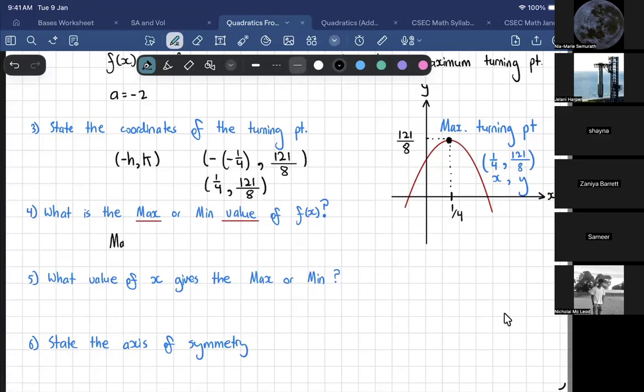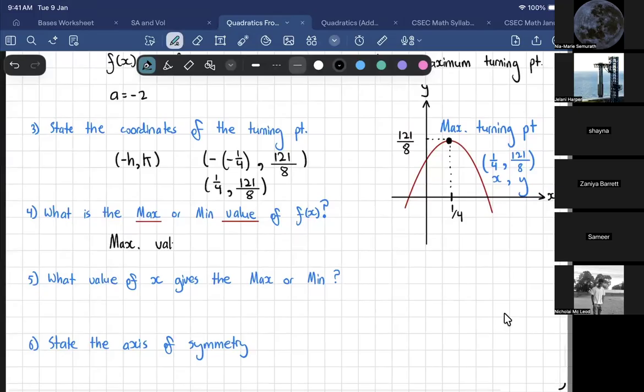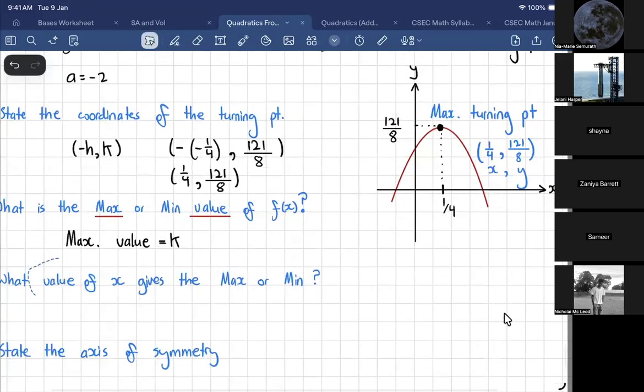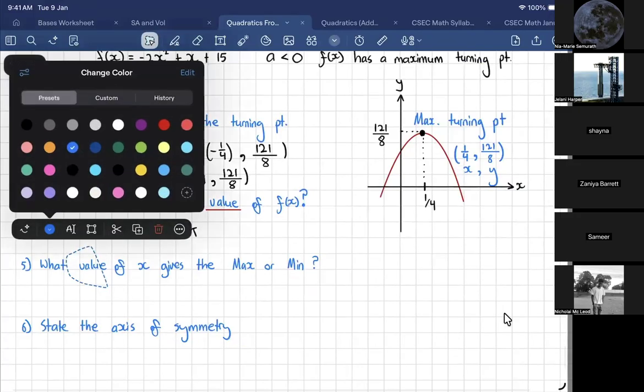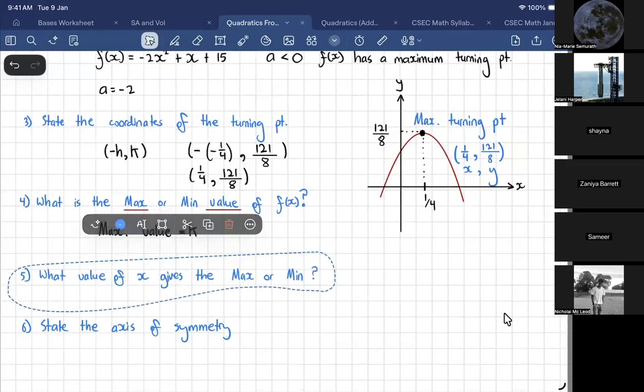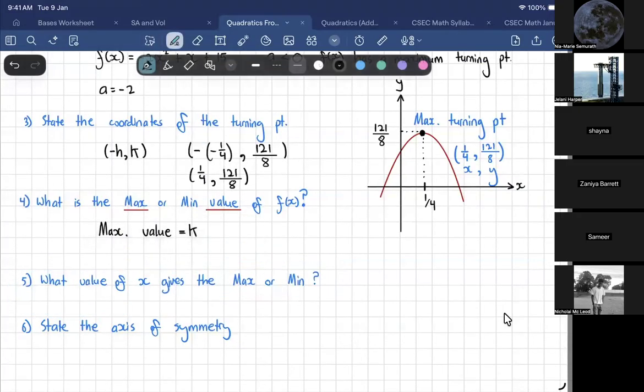If you just want to memorize something, I think you should learn it. But if you want to memorize this, then the maximum or the minimum value is just given by k. So the maximum value is equal to k. And we know k is 121/8. But I hope I could actually see why. That's important. So it's equal to 121/8.